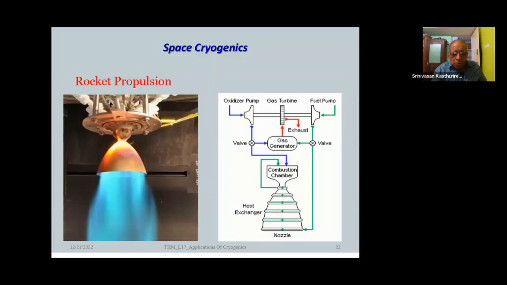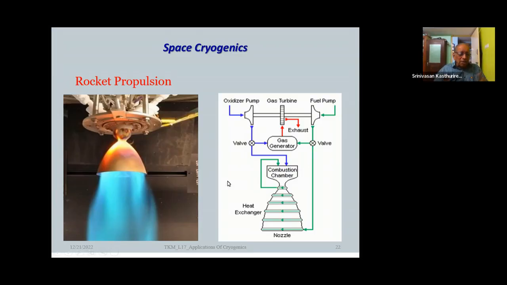You can see in this picture the rocket propulsion which is being carried out in the laboratory, where beyond the so-called cup arrangement, you have the ignited flame which is flaming downwards. So you see here this is the flame.